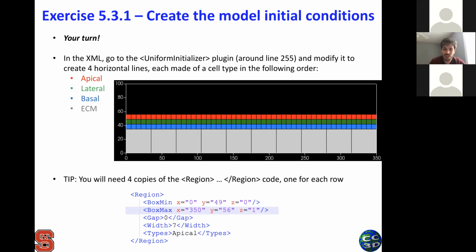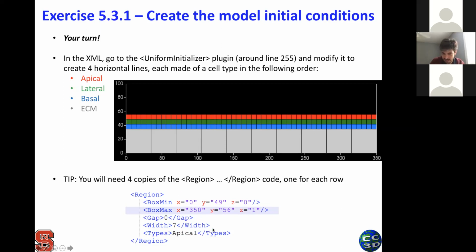To do that, in the uniform initializer, you have this region inside. You have to copy and paste this region 4 times to create each one of those rows. And just remember the origin of coordinates in CompuCell simulations is on the bottom left. So this is the 0, and then you go up from here.